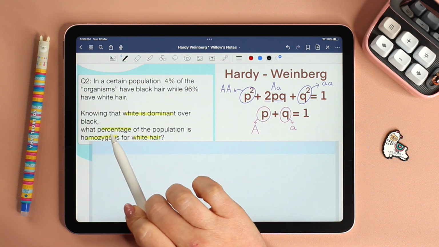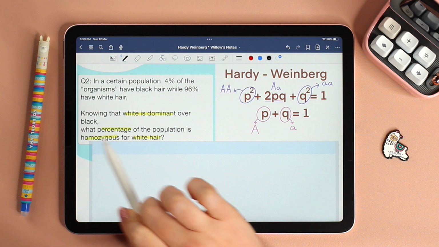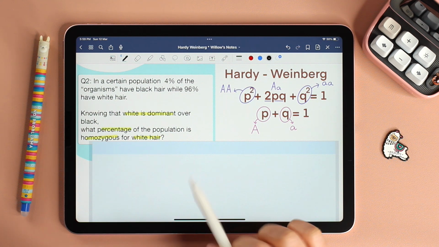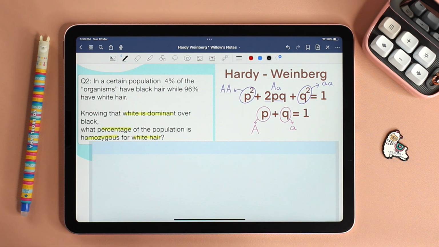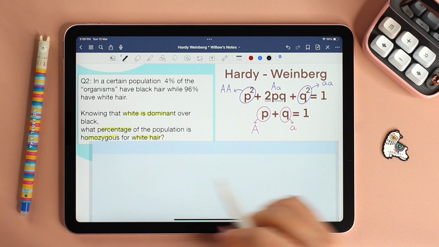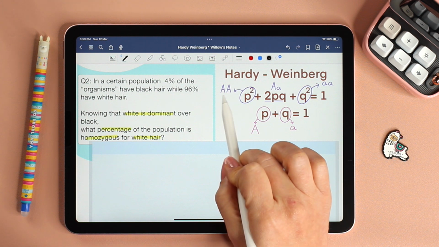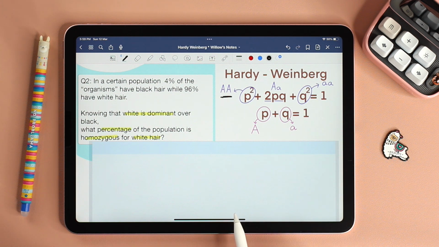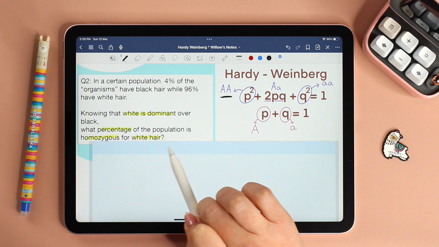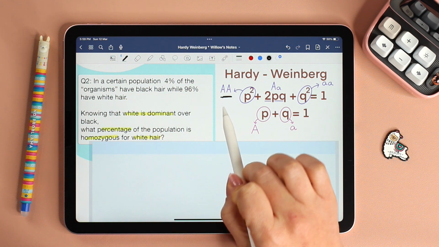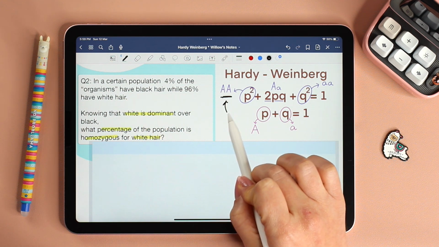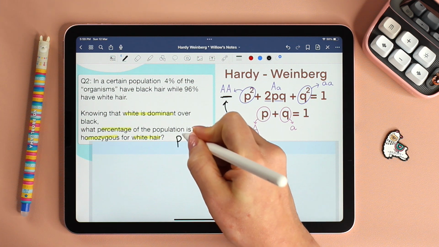But what percentage of the population is homozygous for white hair? It is specifically asking us about the individuals. What is the frequency of the individuals within the population that are homozygous for white hair? And because this white hair allele is dominant, they're specifically asking us to find P square.